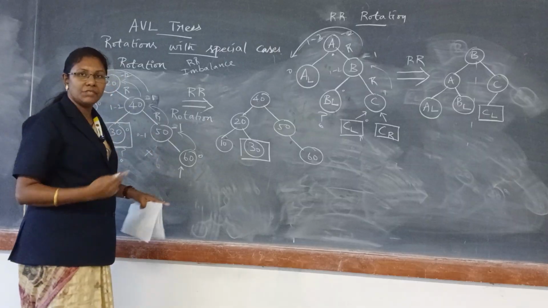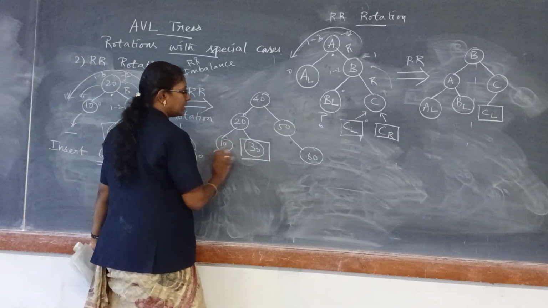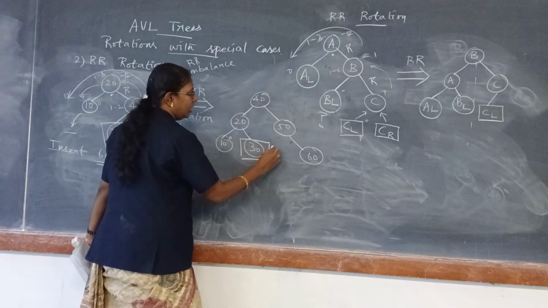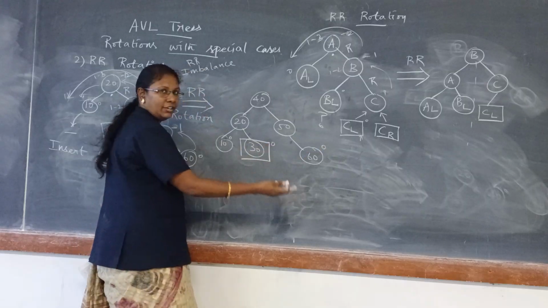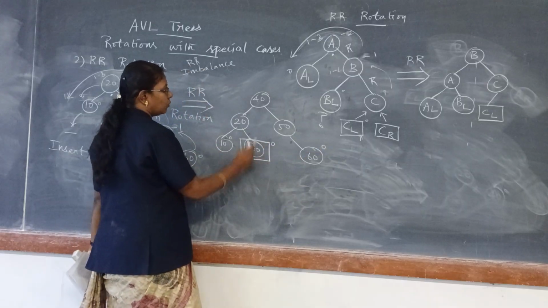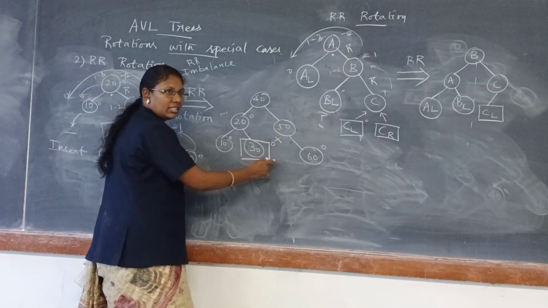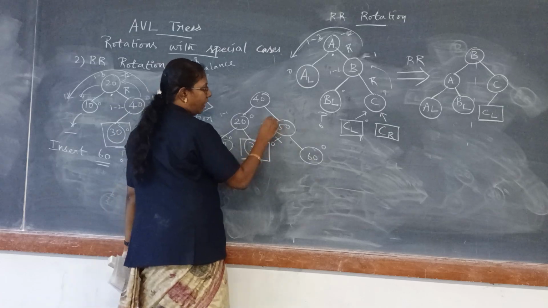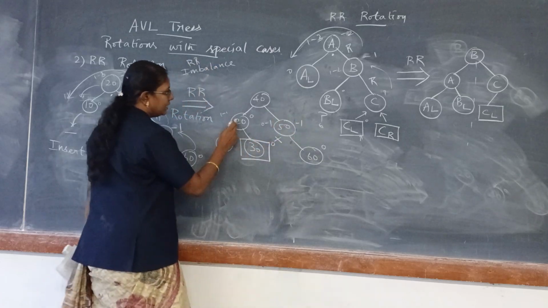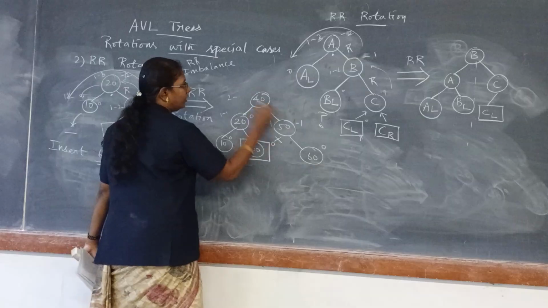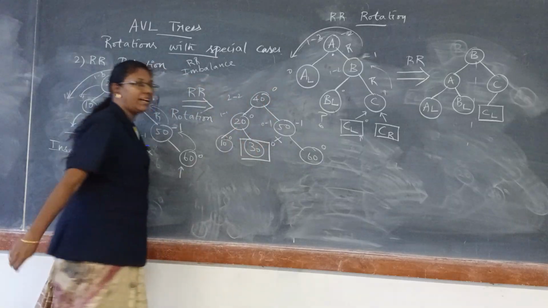So now calculate the balance factor for all the nodes. These three are leaf nodes, so the balance factor is 0, and here 1 minus 1 is 0, and here there is no left subtree, so 0 minus 1 is minus 1, and here 2 minus 2, so the balance factor is 0.